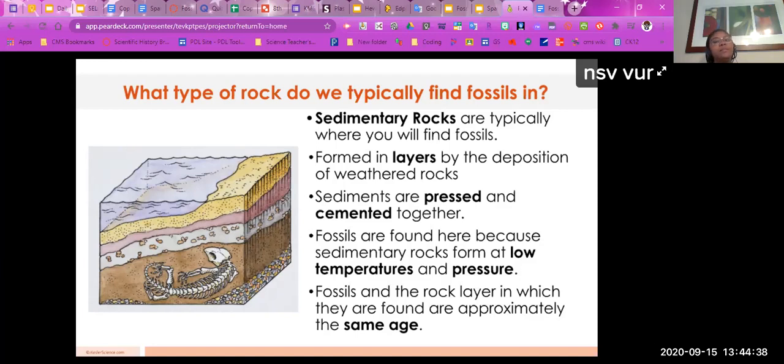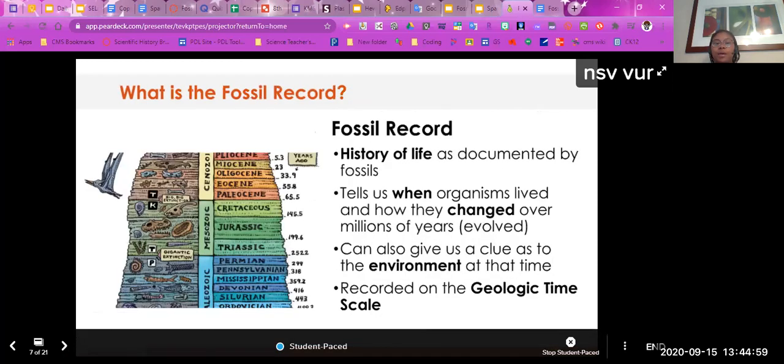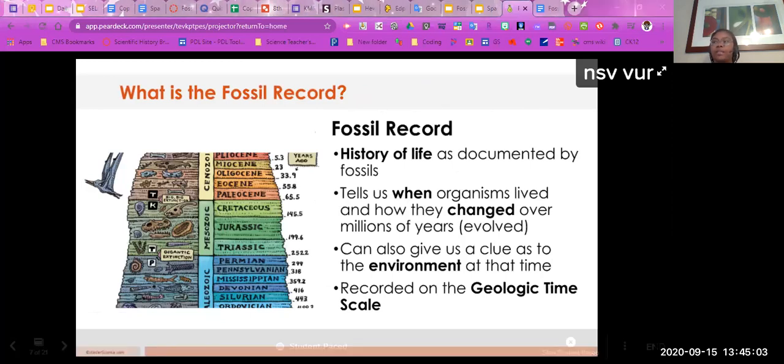It's also going to be cemented to actually make that rock on top of each other. Our fossils are also going to tell us the approximate age of some of the rocks, as well as some of the other organisms that may be found in those rocks. Next week, we will be covering in depth how rocks and fossils are actually dated.